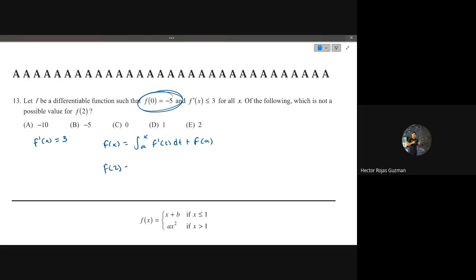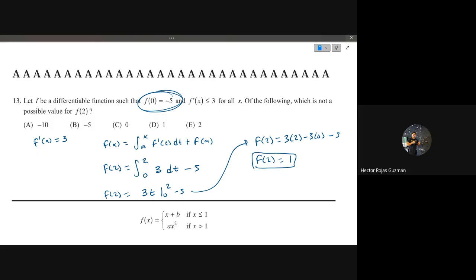F of 2 equals the integral from 0 to 2 of 3 dt minus 5. The antiderivative of 3 is 3t in this case, evaluated from 0 to 2 minus 5. Three times 2 minus 3 times 0 minus 5 equals 1.